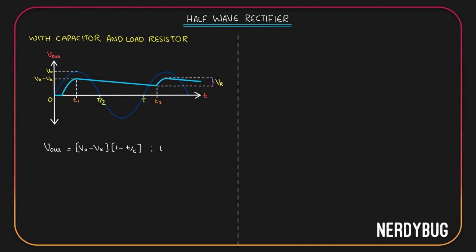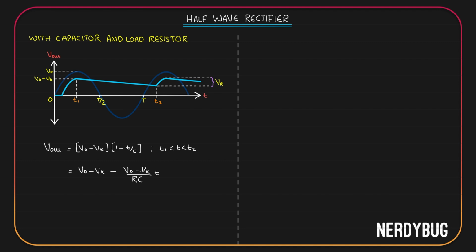This is when time is between T1 and T2. This is equal to V0 minus Vk minus (V0 minus Vk) divided by tau multiplied by t. Instead of tau, we can write RC.